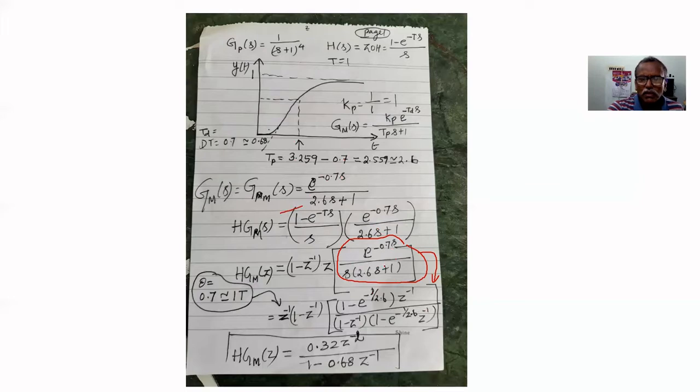Therefore, from the table we can get the z transform for 1 by s multiplied by (s plus a).